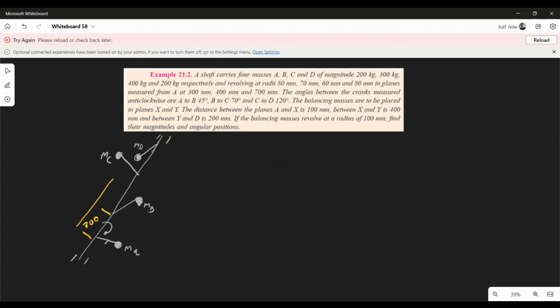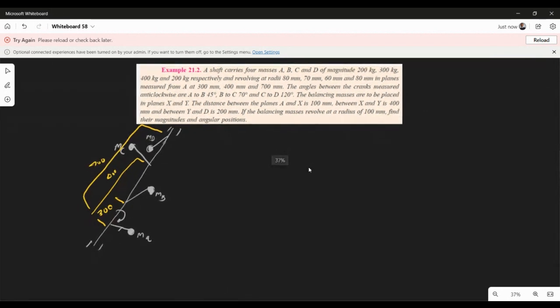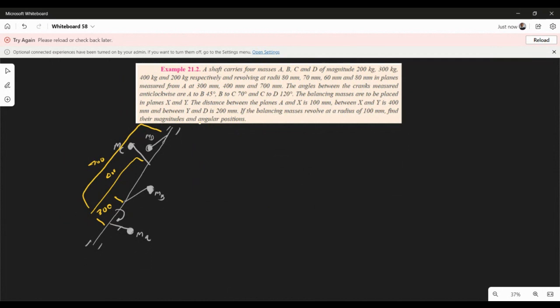Obviously, you have to bear with me. This is not to scale. So from A, it's 400 millimeters. And then to D, it's 700. I'm just drawing a horrible front view, whatever. So this is the distance from here to here, 300, 400, and 700. Okay, that's just the general idea of what it looks like. So the two things you typically want to sketch here, I'll do it properly now.